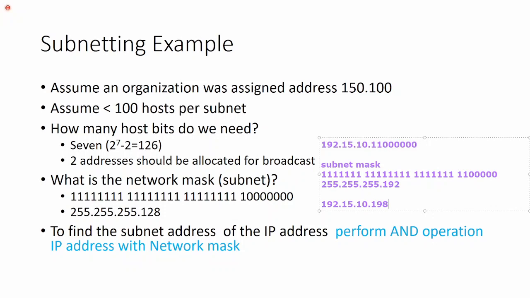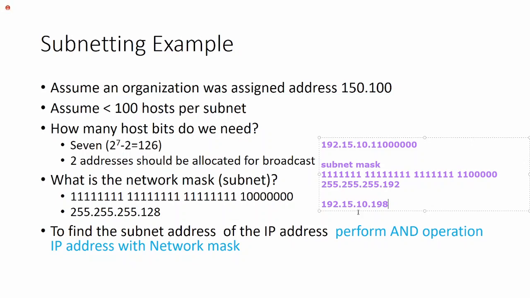Now there are 4 networks actually, no? Because remember we divided it into 4. Now the computer, or the router, wants to understand what your network ID is, right? Which network you have to go to, network 1, 2, 3, or 4, whether 192.15.10.0 or 10.64, next one is 64, which network this computer belongs to, right?